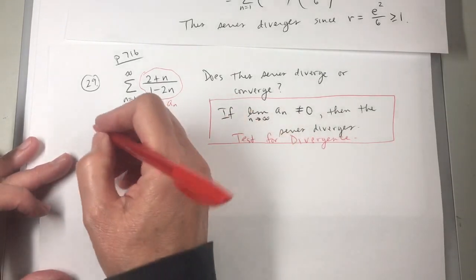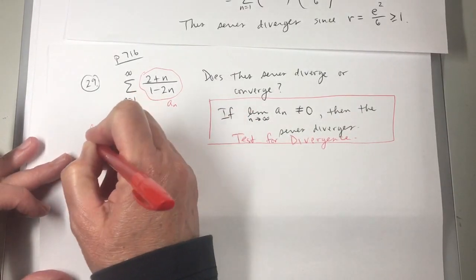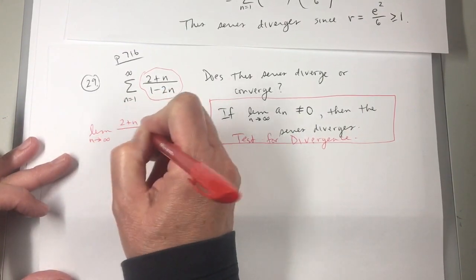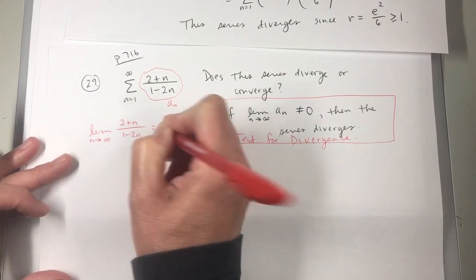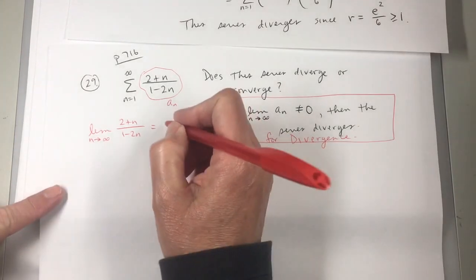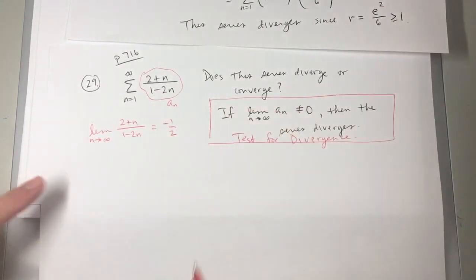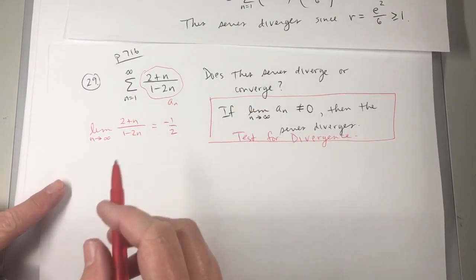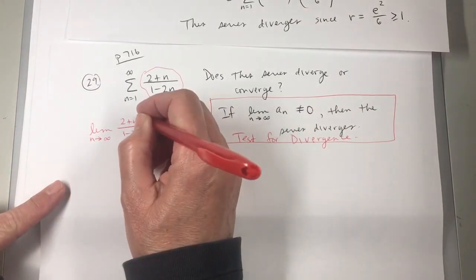So here, this problem, I want to find the limit as n approaches infinity of (2 plus n) over (1 minus 2n). And I hope you can look at that and tell what the limit is. It's negative 1/2. What I'm looking at there, the degree of the numerator is 1.